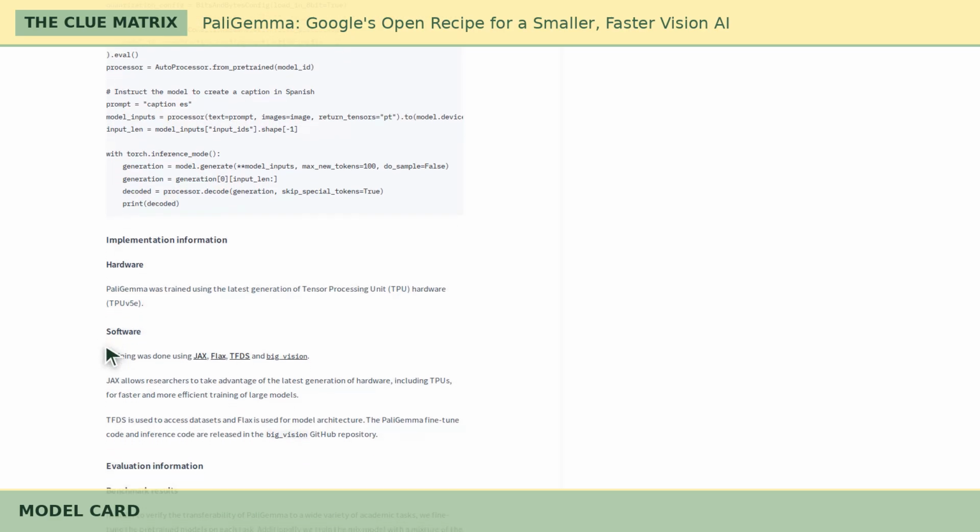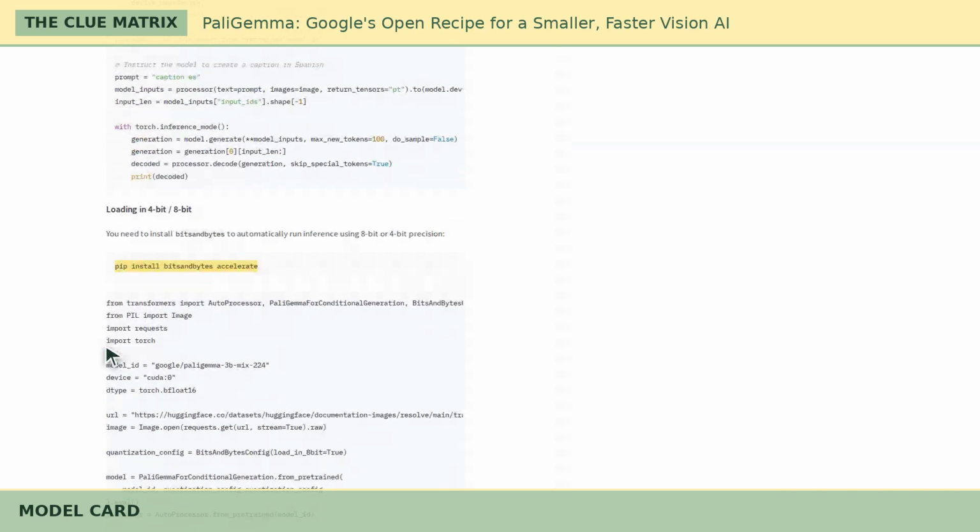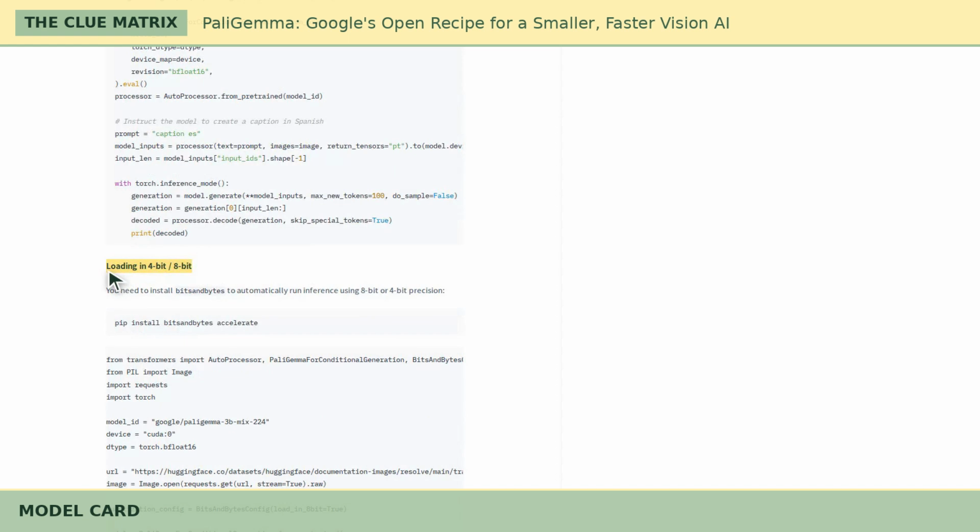What does this unlock? It enables loading in 4-bit, 8-bit. This technique, called quantization, is what lets a 3 billion parameter model fit onto a gaming GPU with 8 or 12 gigabytes of VRAM. It democratizes access.